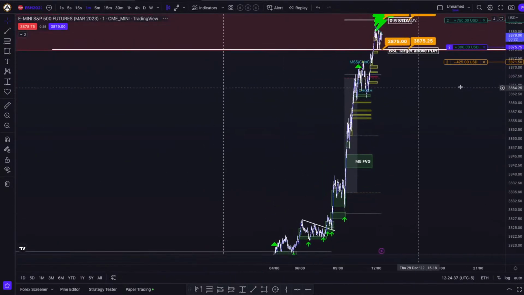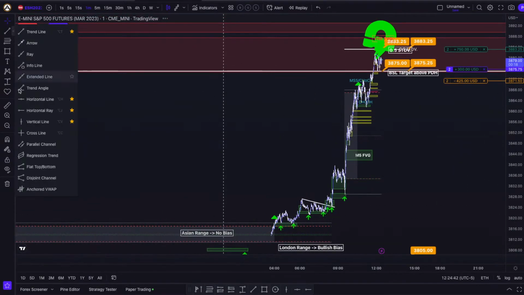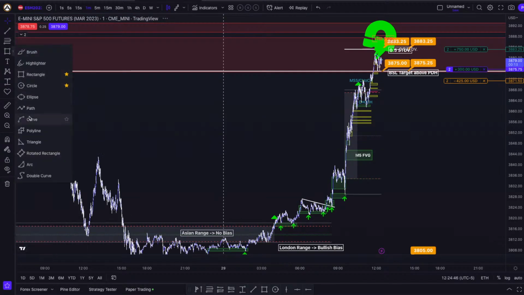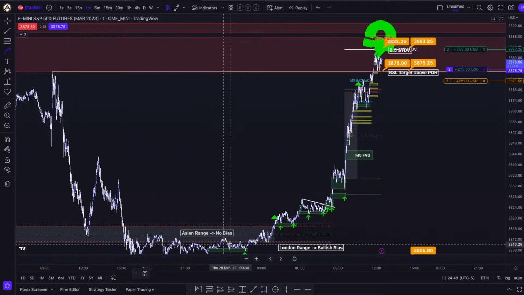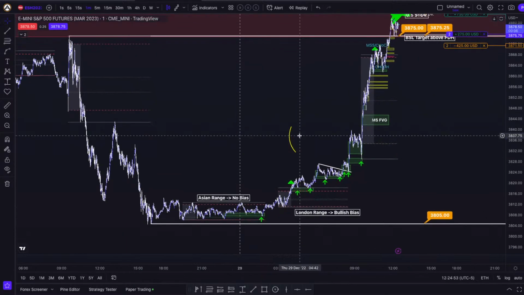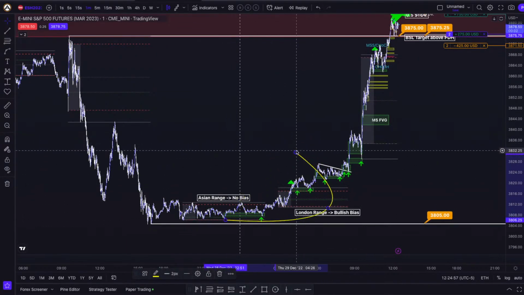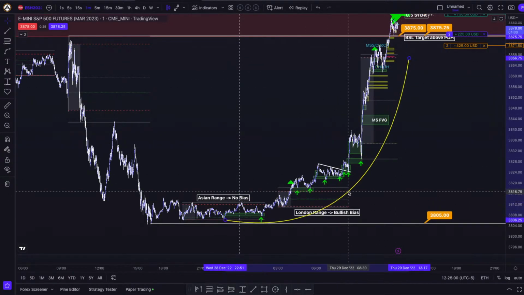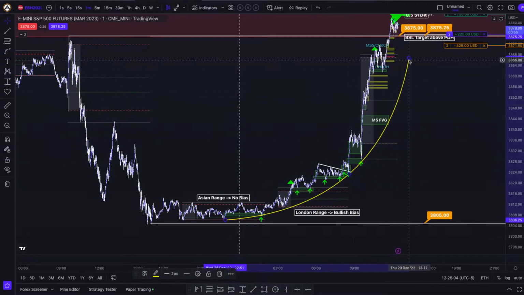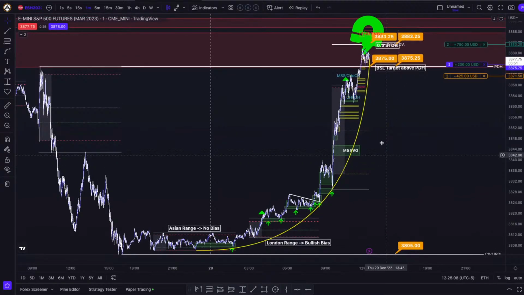Basically, if I zoom out, this was the price action today. Do we have a parabolic curve here somewhere? Draw, curve, arc. So we should be able to go from this low, try to connect as many lows as possible. Yeah, pretty much parabolic.